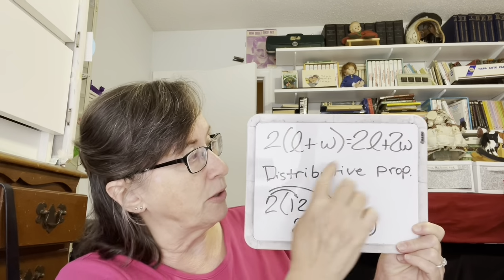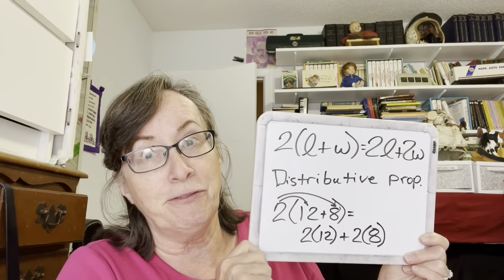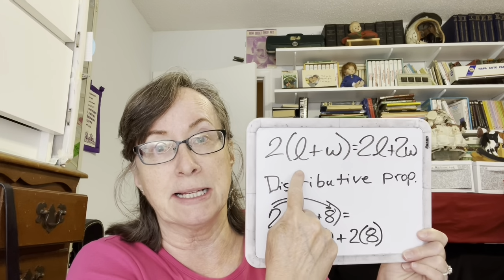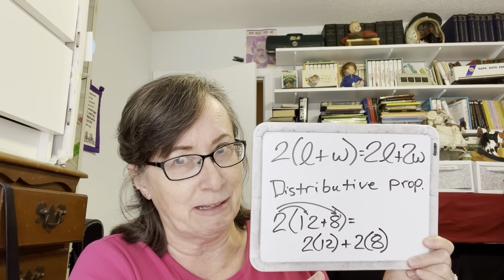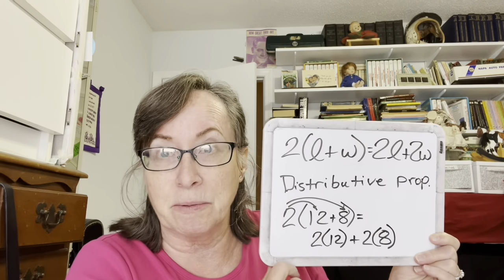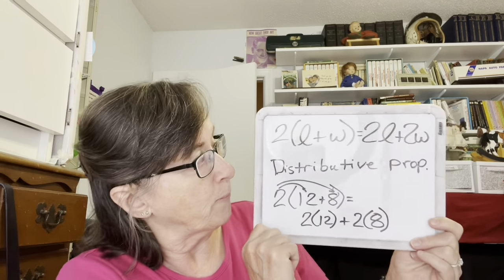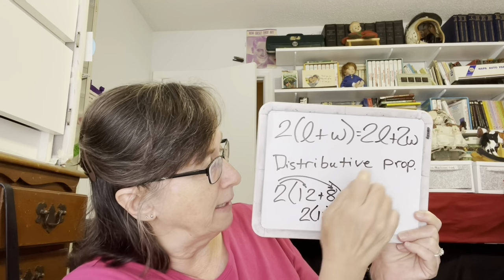And it was equal to the second equation, twice length plus twice width. Therefore, since perimeter could be this or perimeter could be that, and they ended up both having 40, they were both equal, then we can say that these two expressions are equal to each other. They are. Okay, so how does this work? How are these equal to each other?